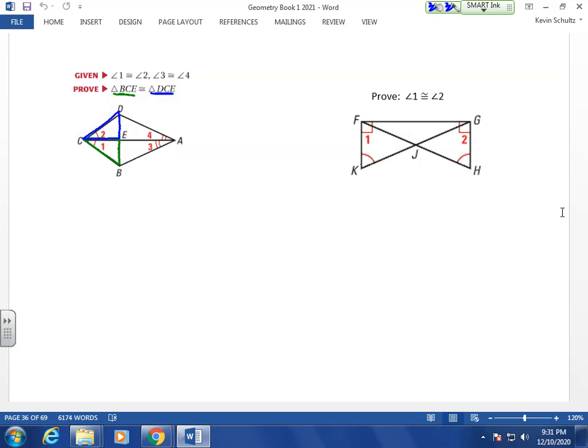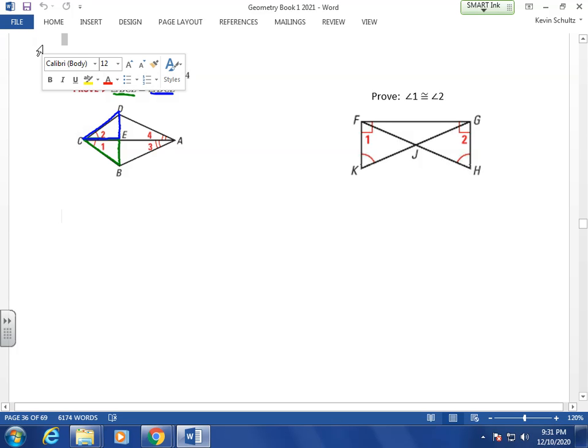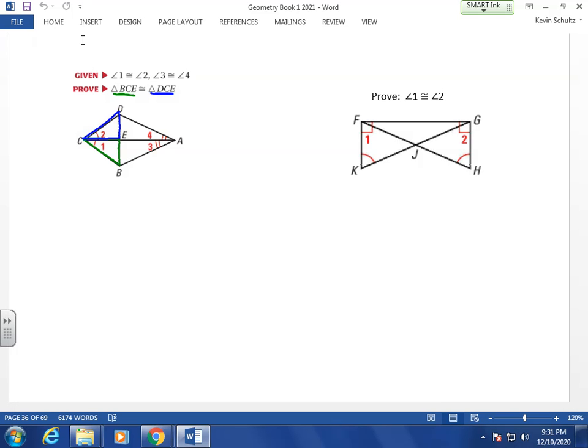I like what I see so far here because I already have one pair of angles, right? Angle 1 and angle 2. I already have those marked or given congruent to me in my given statement, and side CE is a shared side, right? So I already have kind of two of these pieces here.